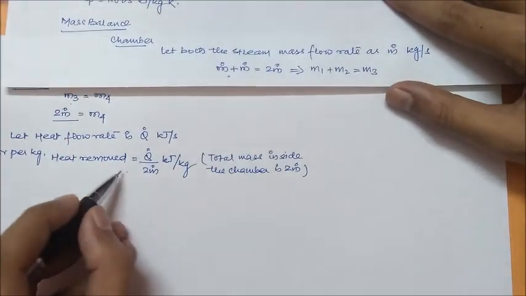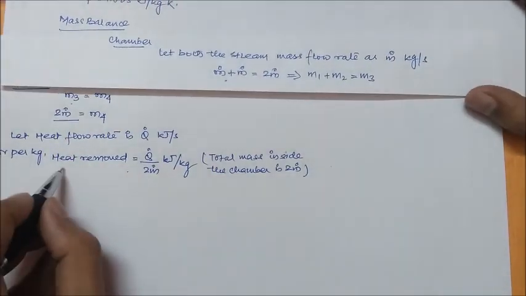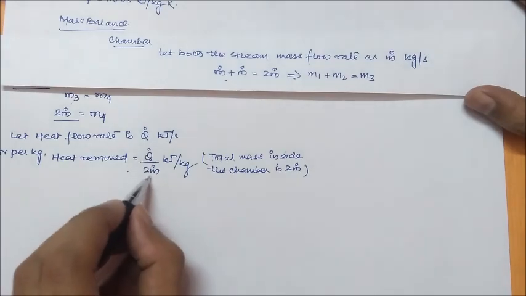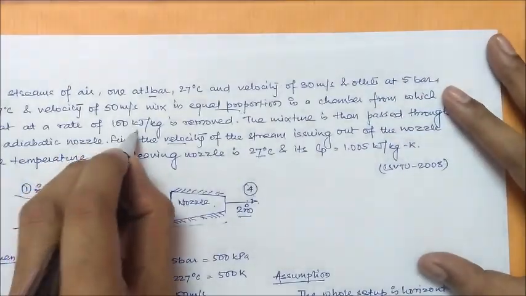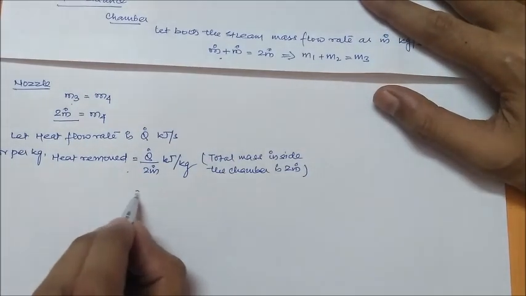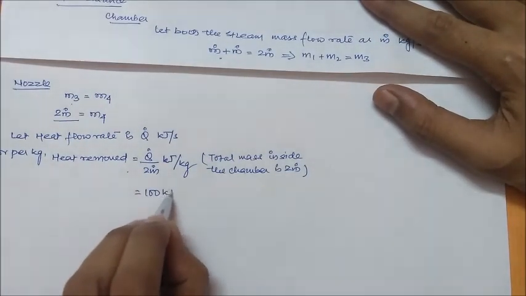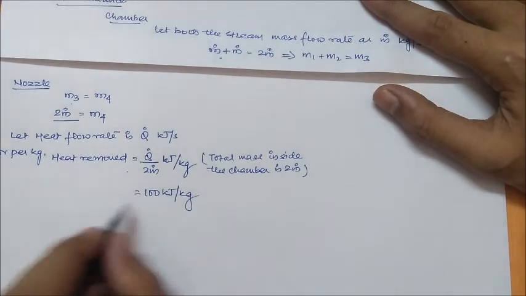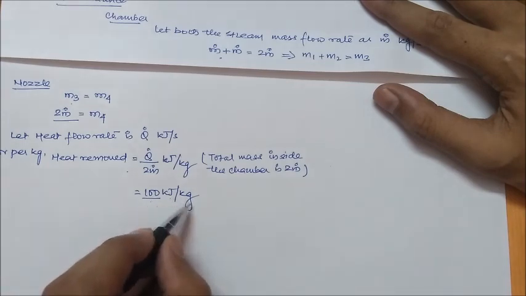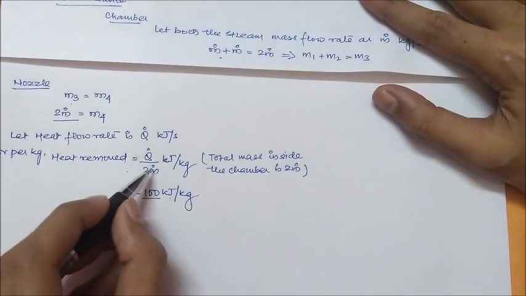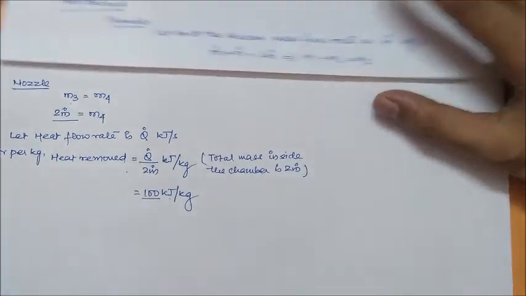Okay, so we got this also. So heat removal per kg is Q dot by 2 m dot, right? And it is mentioned in the question as 100 kilojoule per kg. So this is equal to 100 kilojoule per kg. Okay, so this heat removed, 100 kilojoule per kg, is nothing but Q dot by 2 m dot.